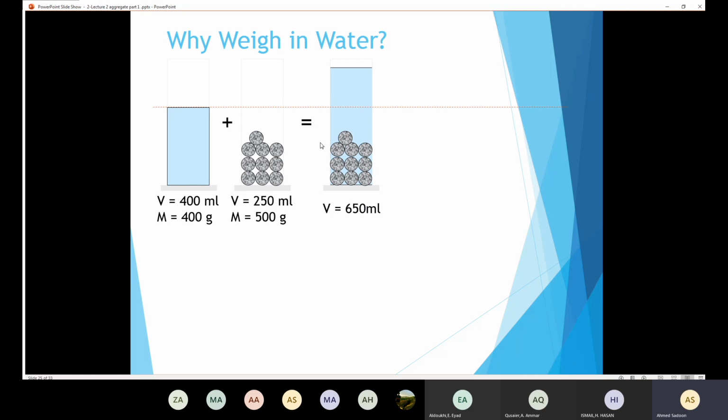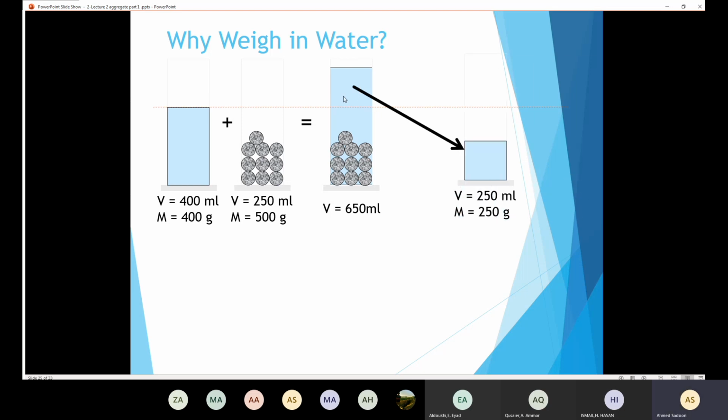Now, because I put the aggregate here, an amount of the water is going to be displaced, so a mass of the water has been displaced here. And we need to know the volume of the water here in that case.